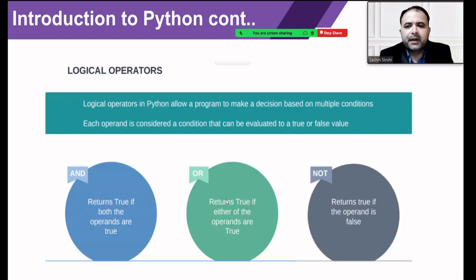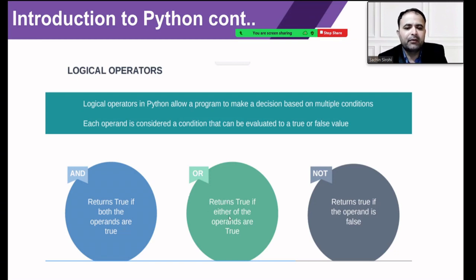Now the logical operators. Logical operators in Python allow a program to make a decision based on multiple conditions. Each operand is considered a condition that can be evaluated to a true or false value. These are the three operators: and, or, not. The and returns True if both operands are true.